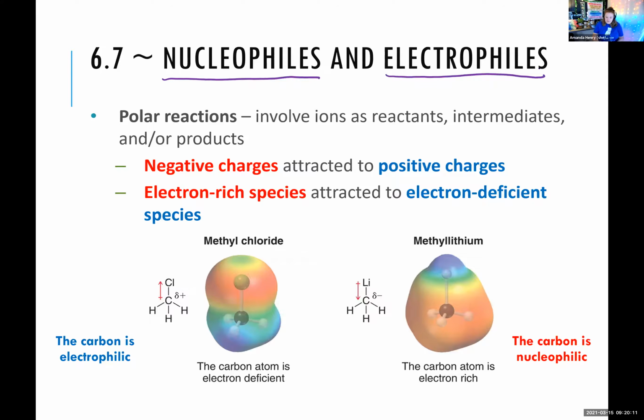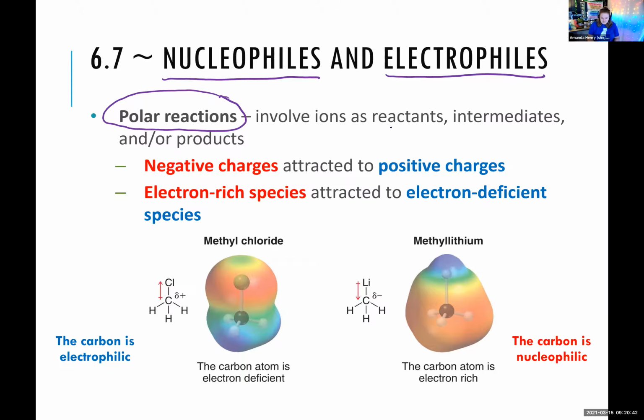Most reactions that we talk about could be categorized as a polar reaction. That means that there's an attraction between something negative and something positive. That negative and positive could be a full negative ion and full positive ion, but for organic chemistry, it usually means partial negative and partial positive. So either one of those will work. It just has to have that opposite charge attraction.